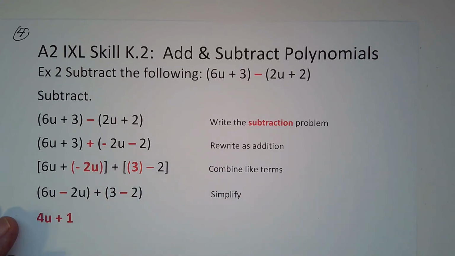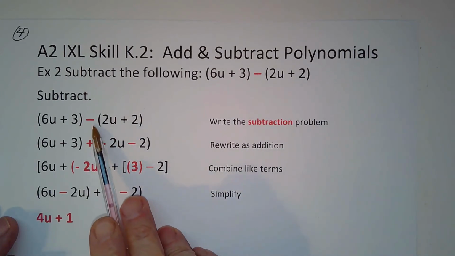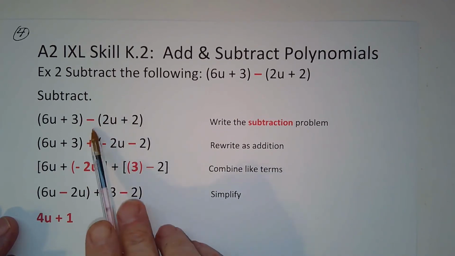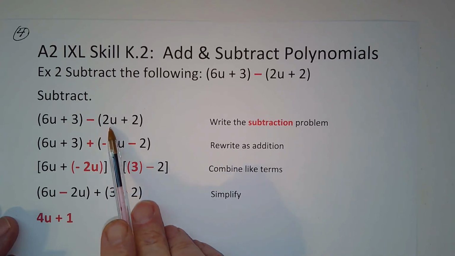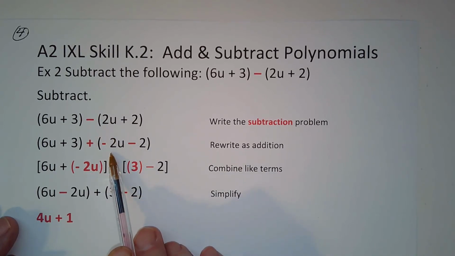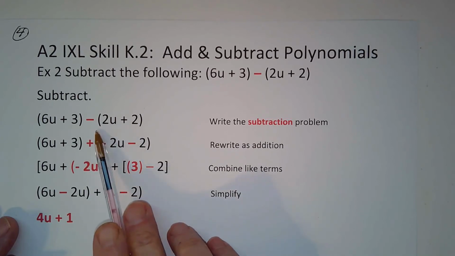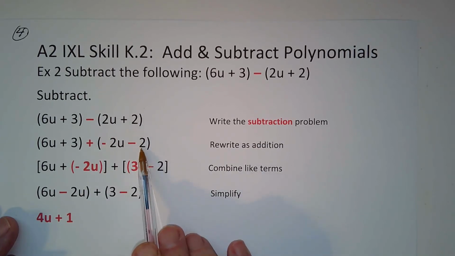And the way I did that was, of course, whenever you're assuming really that there's a -1 in front of 2u plus 2. So that's multiplying -1 times 2u makes -2u when you want this to be positive, and -1 times 2 is -2.